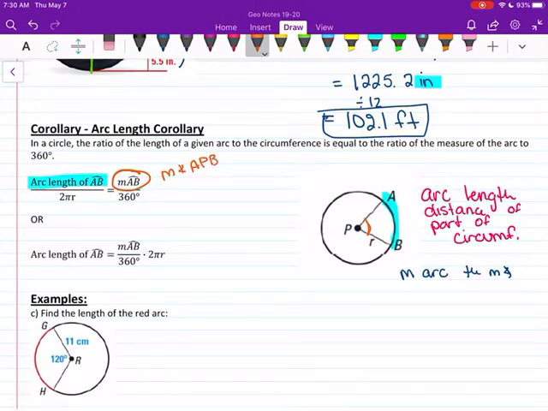Why don't they say measure of angle APB? Well, which angle are they talking about? Are they talking about that one or this one? It's a little ambiguous when you use measure of angles. When you talk about measures of arcs, we're always talking about the acute angle.